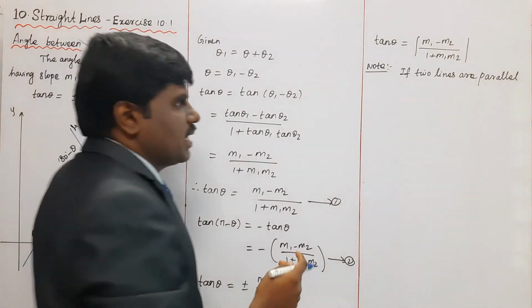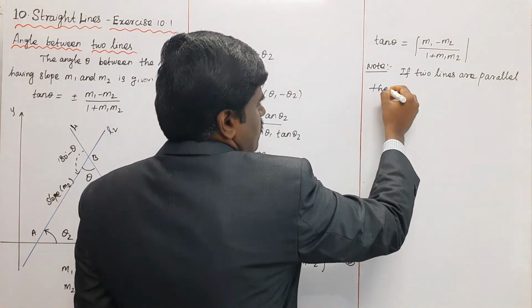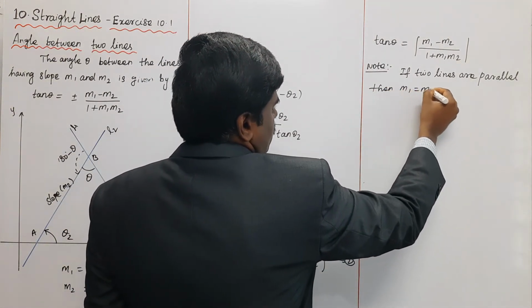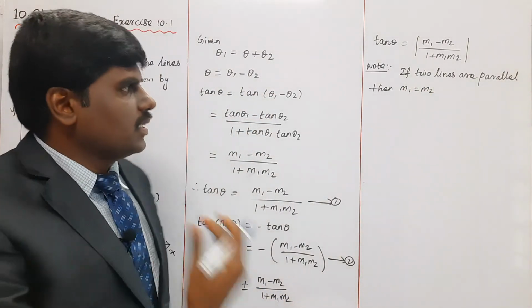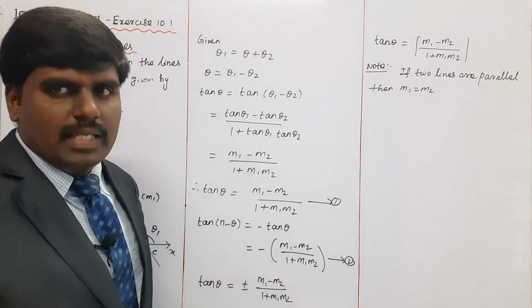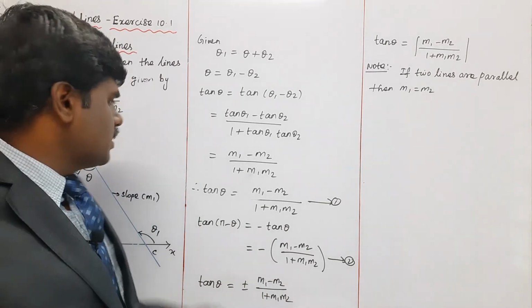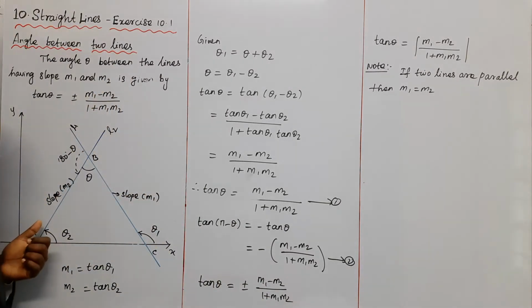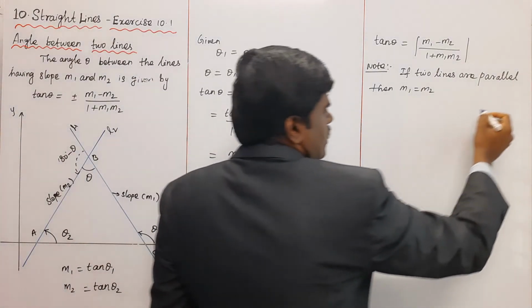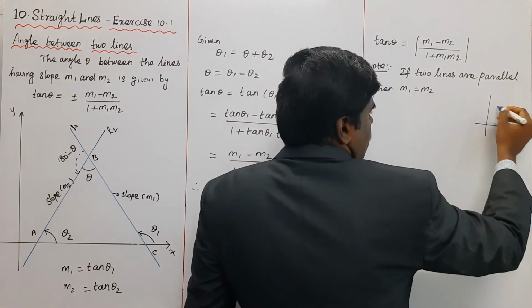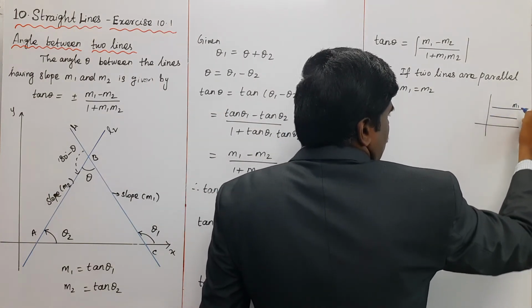If the 2 lines are parallel, then the corresponding slopes are equal, that is M1 is equal to M2. How do we prove that? The first line has slope M1, the second line has slope M2.